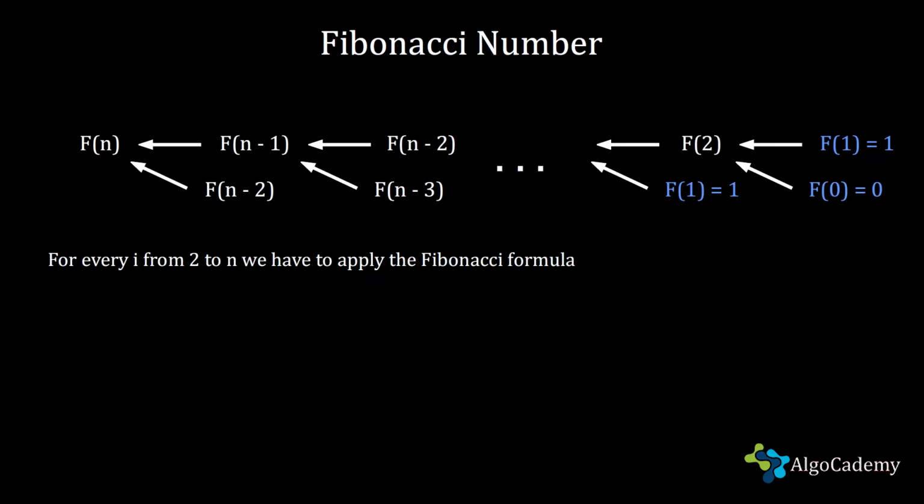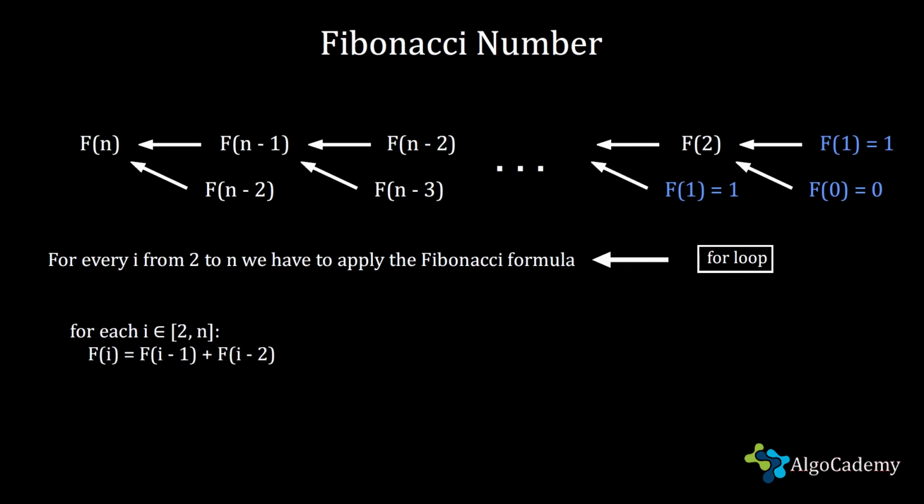So basically, for every index i from 2 to n, we have to apply the Fibonacci formula. How can we iterate through these indices? Of course, using a for loop. We will have our for loop where for each index i between 2 and n, we will compute fi using the Fibonacci formula. But in order to achieve this, we need of course the values of fi-1 and fi-2.